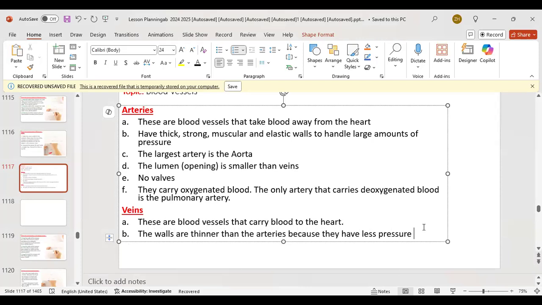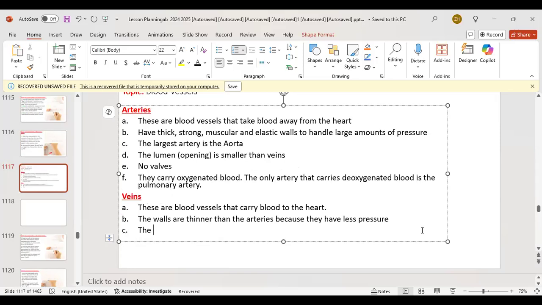Excellent. And then we have the largest vein, which is the vena cava. It's actually the inferior vena cava. But the two largest are the superior and the inferior vena cava.